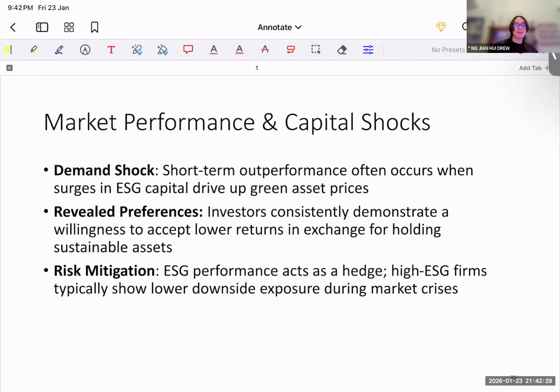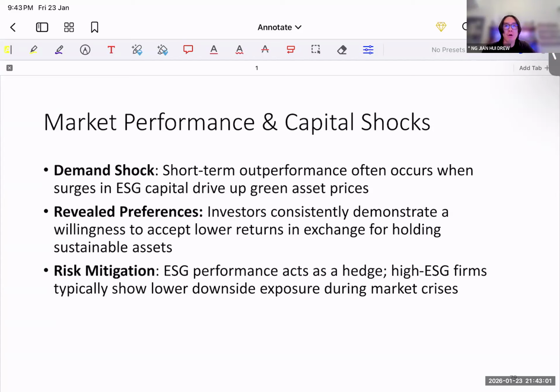In the longer term, maybe then you'll see the drag in the financials, right? There's this thing called revealed preferences. Investors are increasingly saying, you know what, it's okay that you don't perform so well. We can understand, since we are investing in sustainable companies or practices, we can expect that the return will be lower.